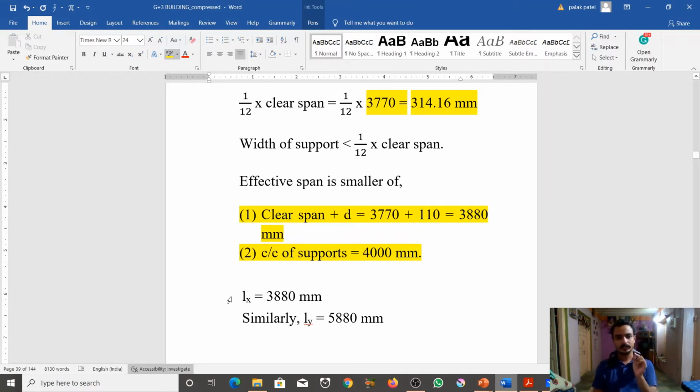So for Lx, 3880 mm is the effective span for the shorter span. The same formula will be used for Ly, the longer span. Ly is equal to 5880 mm.